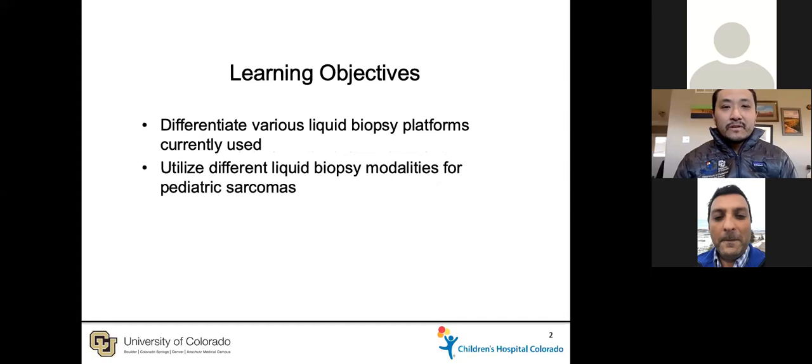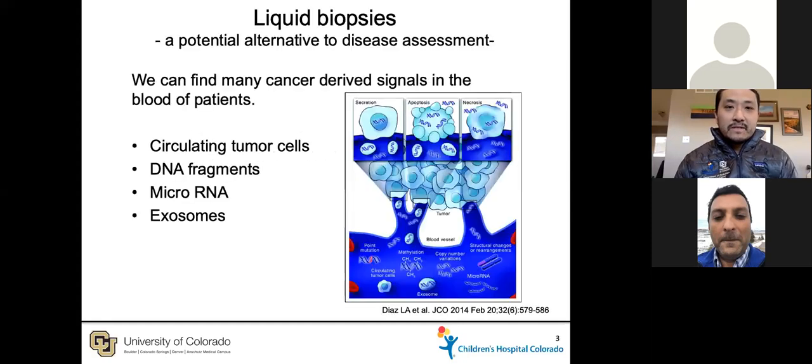The overall learning objectives for today's talk are to differentiate various liquid biopsy platforms that are currently used and to utilize different liquid biopsy modalities for pediatric sarcomas. We talk about liquid biopsies a lot, and the term is thrown around a lot, but the main purpose of liquid biopsies is finding signs of the cancer within the blood of patients.